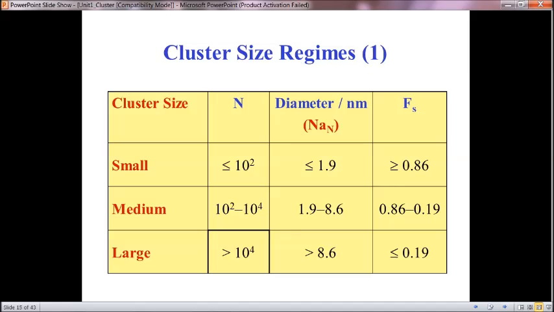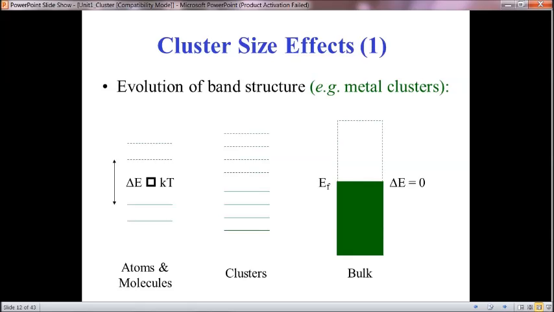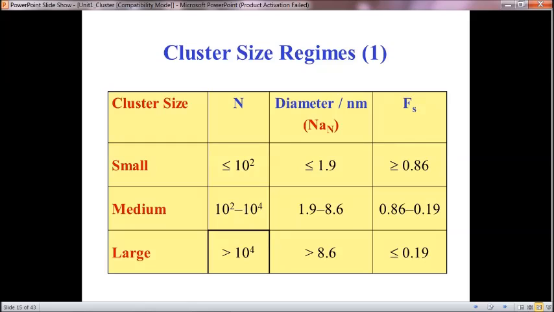So the cluster size regimes then. First we have seen cluster size effect, now cluster size regimes. Based on the cluster size, we are fixing for this small structure this number of nanoparticles, and this will be the diameter, and this will be the fraction of surface atoms.